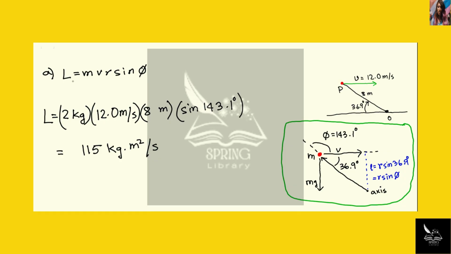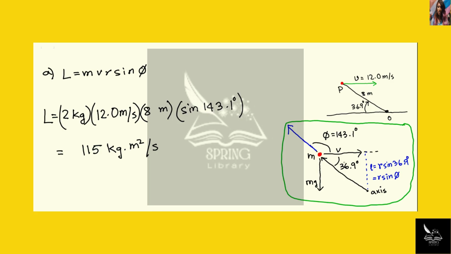We know angular momentum is mvr sine phi, where phi is basically the angle between the radial vector and the velocity. Now we can extend this radial vector in this direction because, if we say this is the point of our origin, then the radial vector is going away from there, and then our velocity vector is this way.